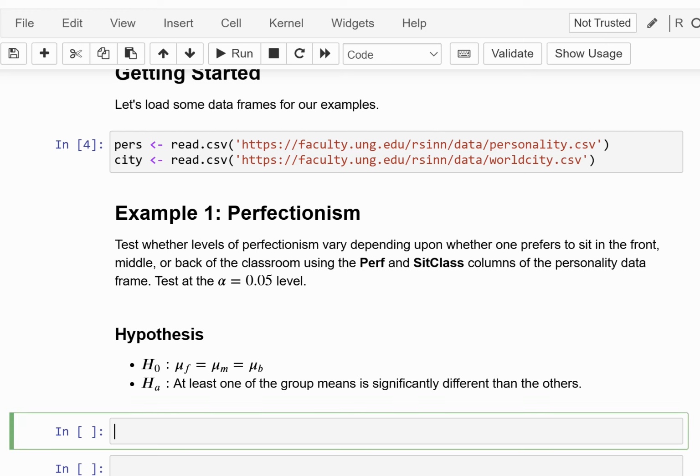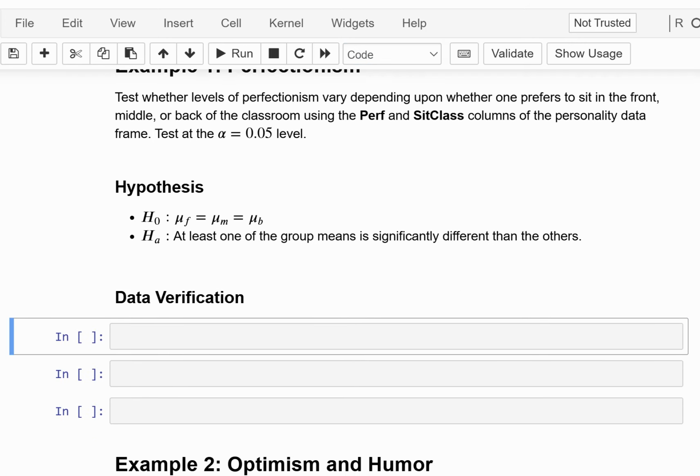Okay. So what am I going to do? The next thing I want to do is a data verification. I'm going to start with mod is equal to LM. And what am I doing?